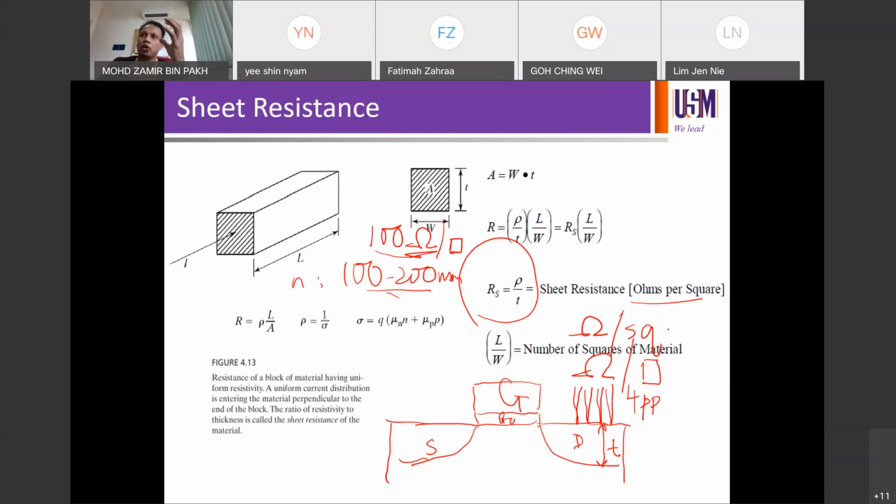If you're talking about low sheet resistance, then it's a lot easier for the electrons to pass through to get to the metal contacts. Because we're not going to be able to place metal contacts everywhere, blanket on the surface. In some cases, yes, you can, depending on what device you're talking about.